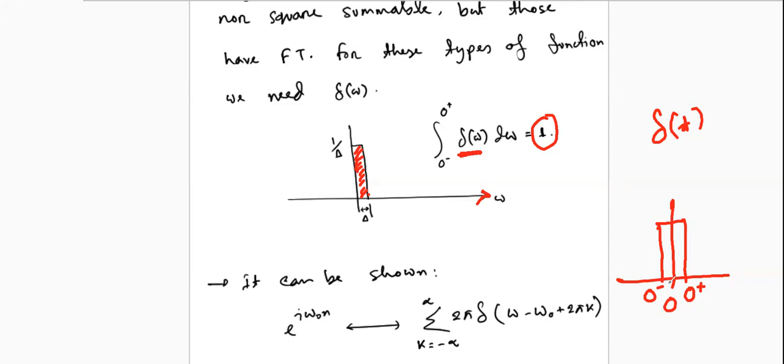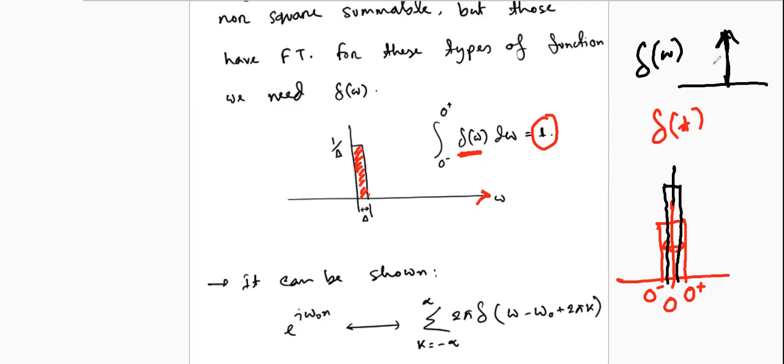Whenever the distance between these two points is very small and you concentrate more and more, of course, the height will increase. If you concentrate more and more, the height will be increased further. That's why this delta omega is drawn like an arrow. That means it will extend to infinity.